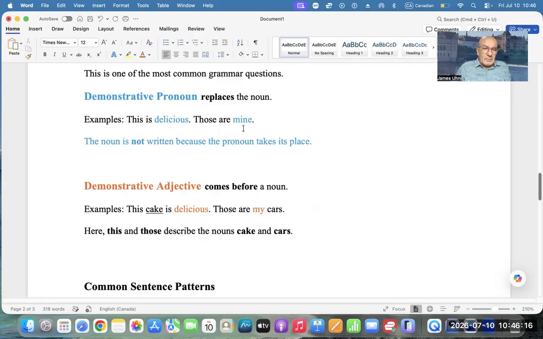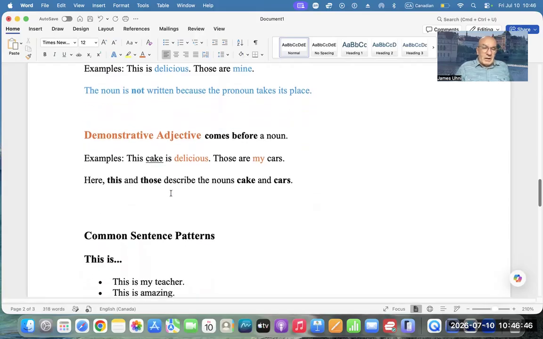This is a demonstrative pronoun, but here we are talking about a possessive pronoun, and this is a possessive adjective. Over here we have delicious, that's a pronoun, but if we have delicious cake, then it is an adjective.